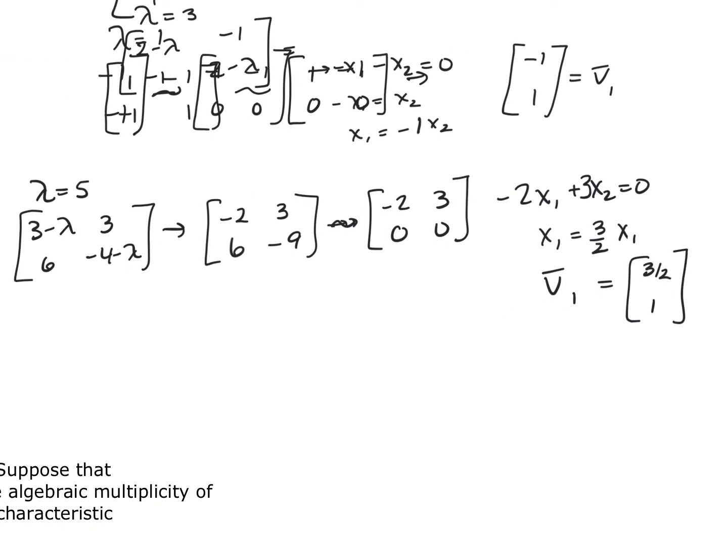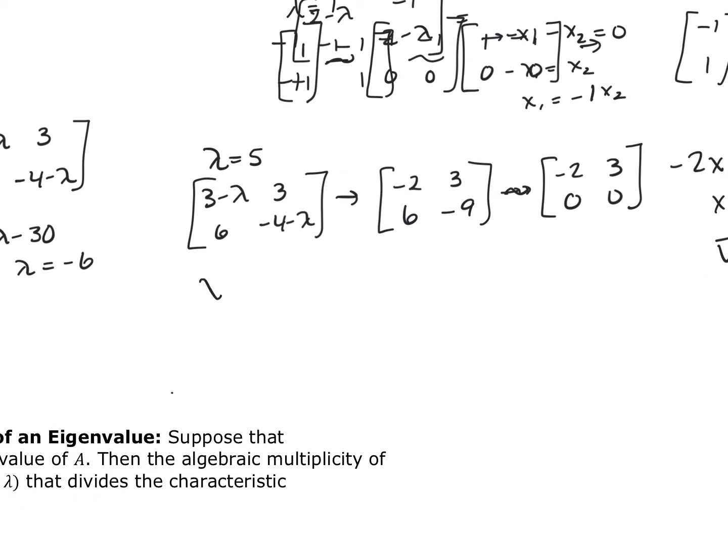Now let's do lambda equal to negative 6. So I'll have 9 and 3 and 6, and negative 4 plus negative 6 plus a negative 6, so that gives me positive 2.